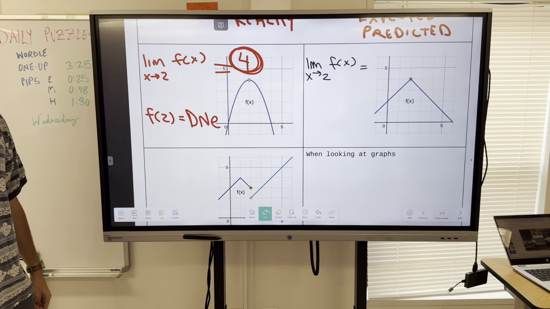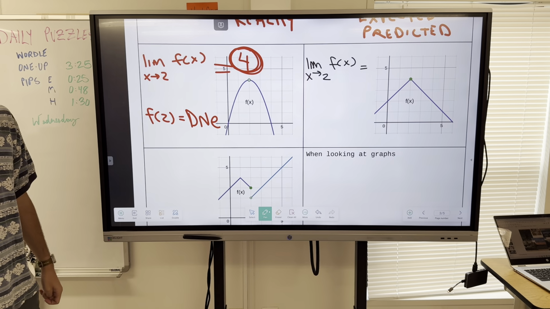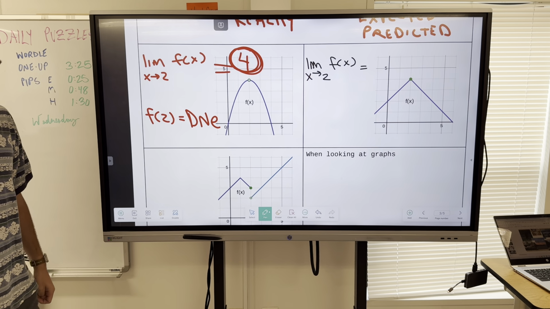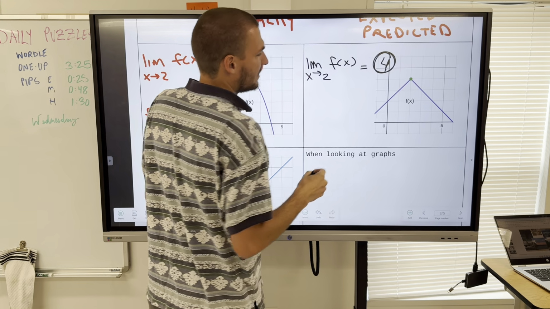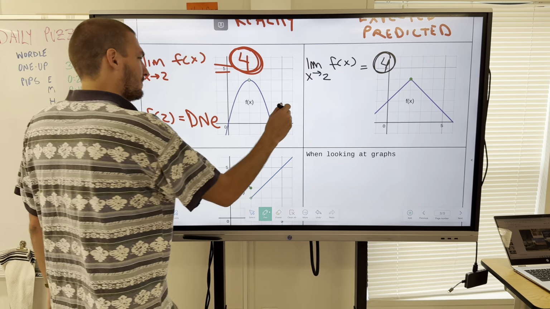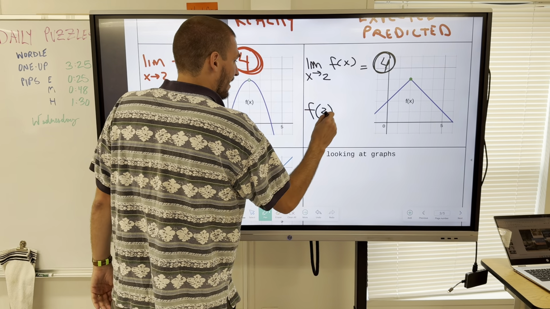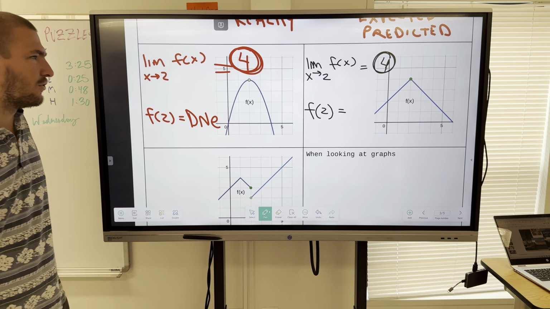Come on, you got the guts for this. You got it. It's 4. Nice job. It looks like it should be 4. Boom. What is actually f of 2, Grady? 4.